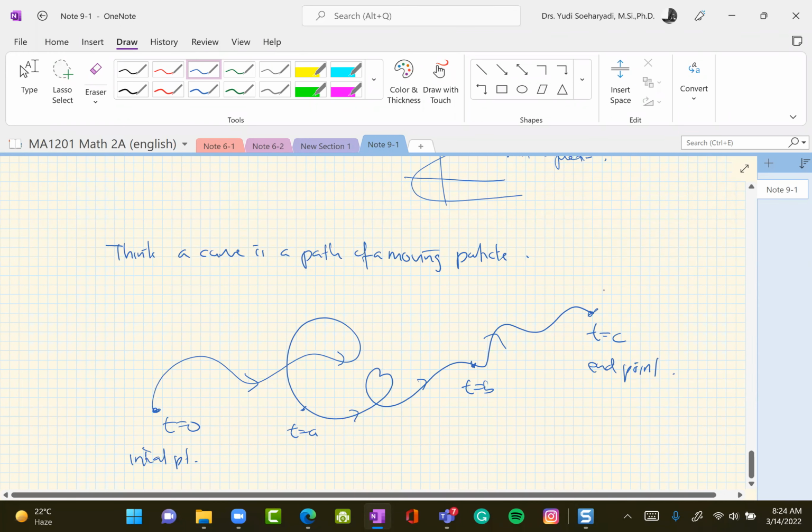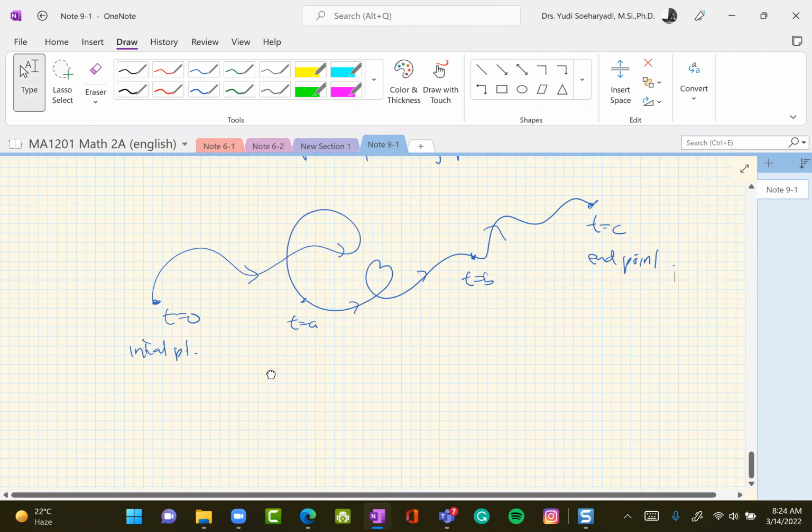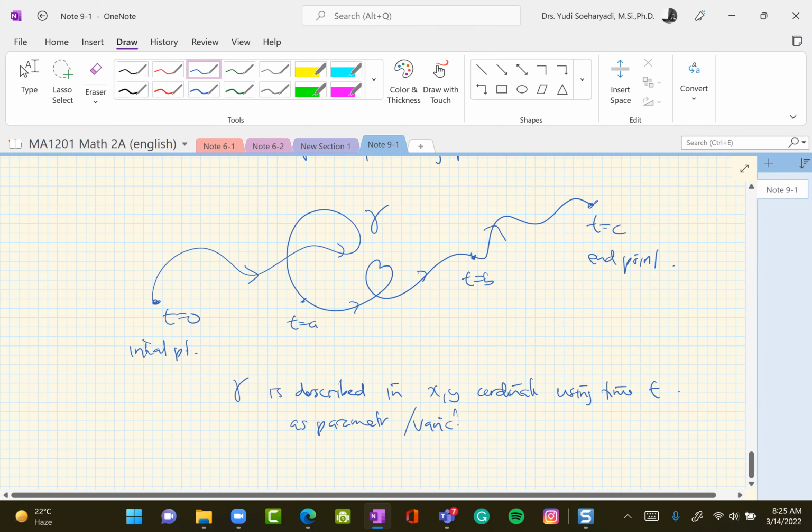And the other thing is, you describe every time. So the curve, say this is curve gamma. Gamma is described by its position in xy coordinates, using time t as parameter, or say variable.